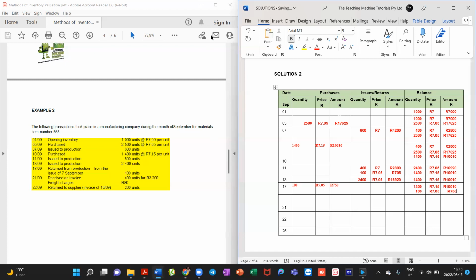I know this one was a bit different from the ones we did. Now, here's another different transaction. Sir, may I please ask, why don't we use the 7 rand for the 7th of September?